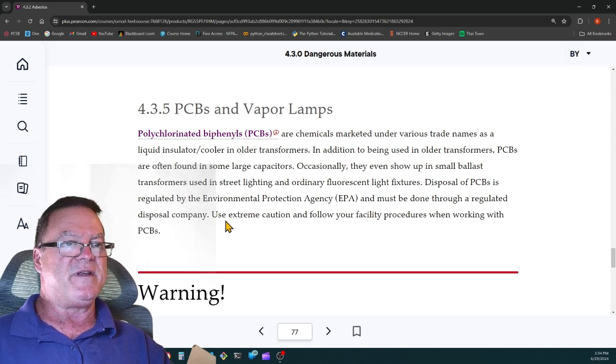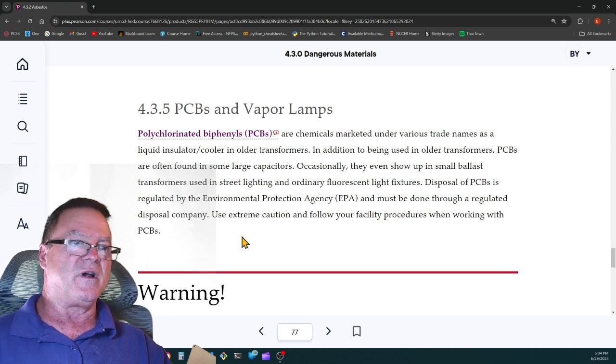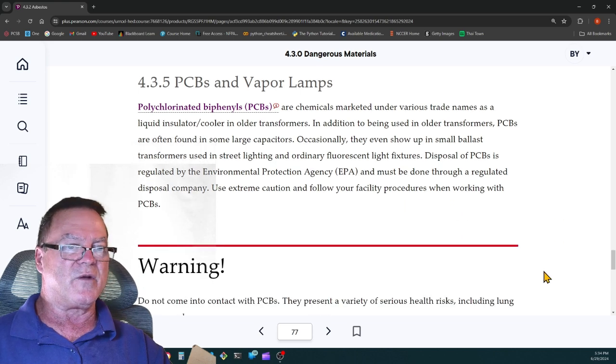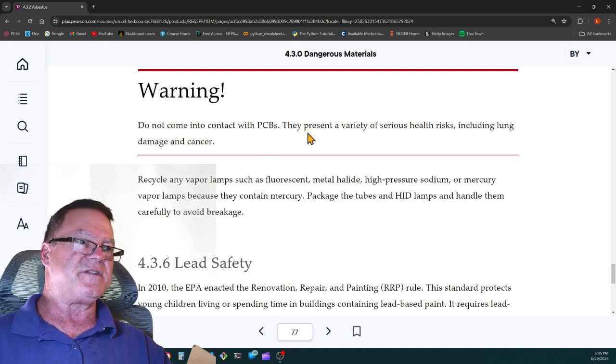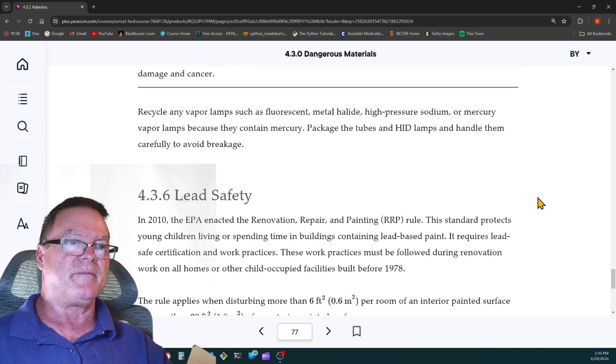Disposal of PCBs is regulated by the Environmental Protection Agency and must be done through a regulated disposal company. Use extreme caution and follow your facility procedures when working with PCBs. Warning: do not come into contact with PCBs. They present a variety of serious health risks, including lung damage and cancer.